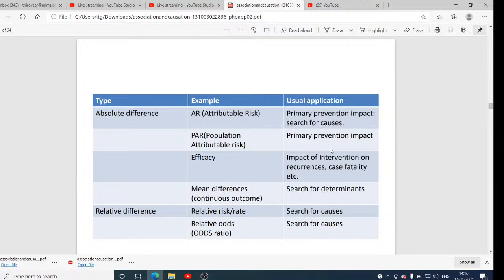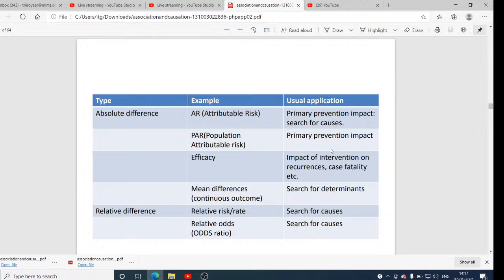So there are types of differences, absolute differences and relative differences. We will discuss them with an example and usual application. In absolute differences there is attributable risk, which is usually applied in primary prevention impact and search of causes, and population attributable risk is for primary prevention impact.